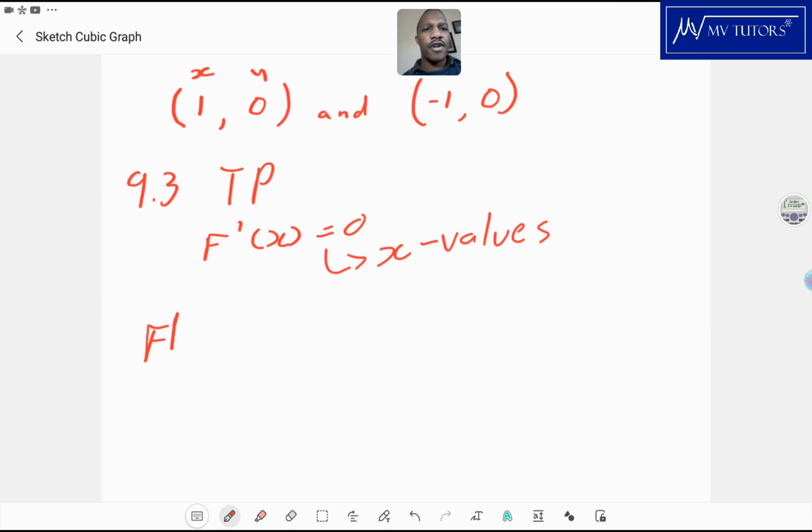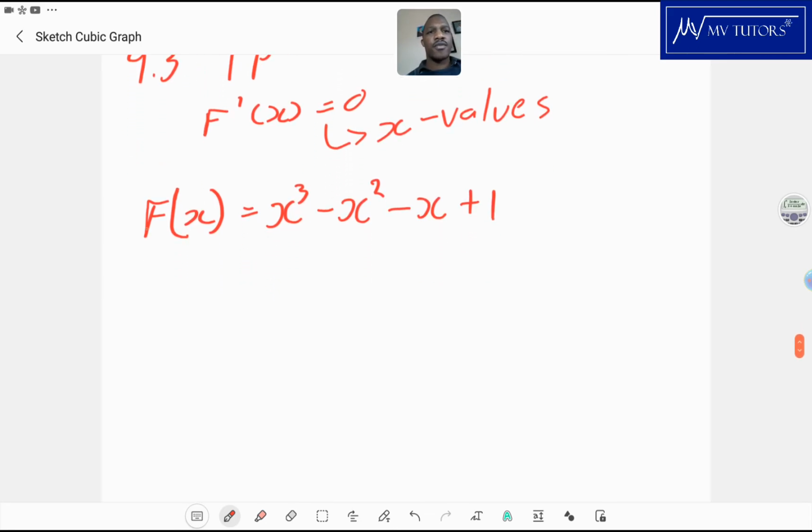Now, the original function f of x is equal to x cubed minus x squared minus x plus 1. Okay, if I remember correctly. Now, to get the derivative of this, if you don't know how to do derivatives, we have done a video lesson. You can check that out as well.